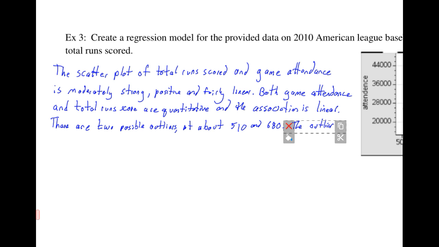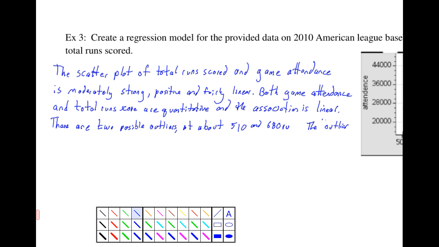We want our context here, so let's make sure we specify that this is runs. The outlier at about 510 runs may be influential. I will proceed with caution.